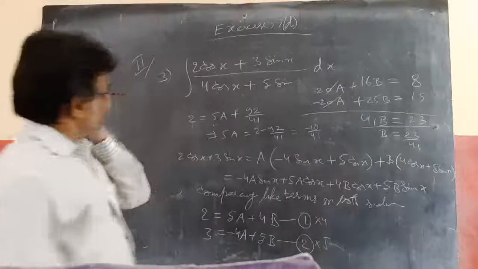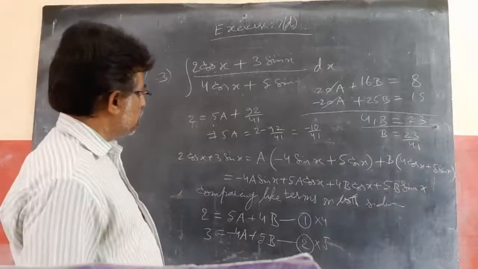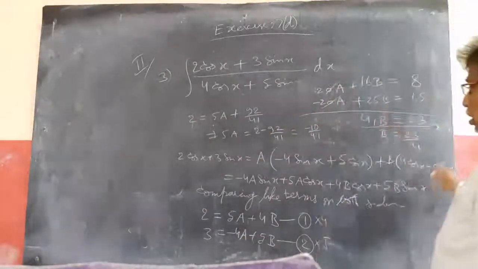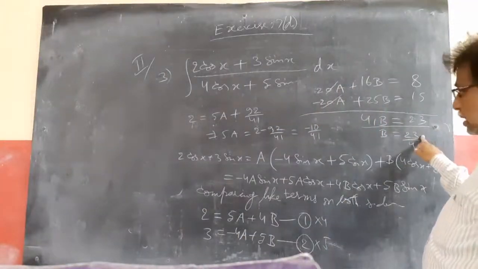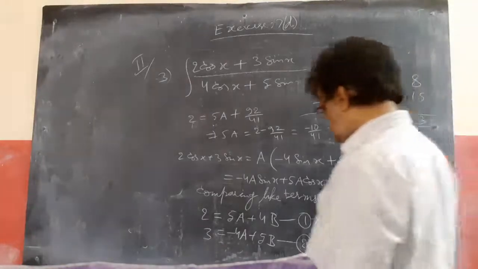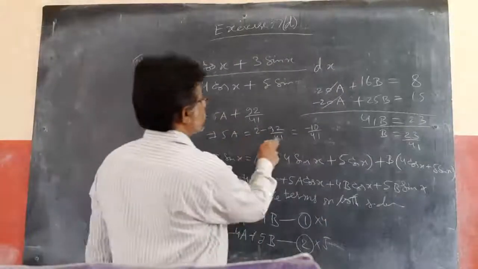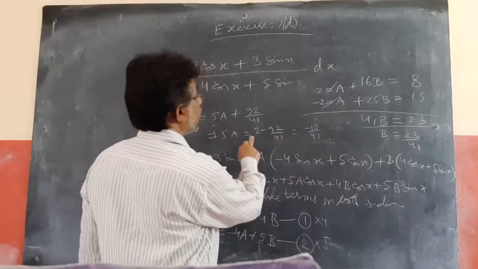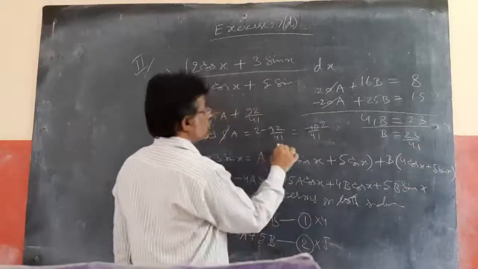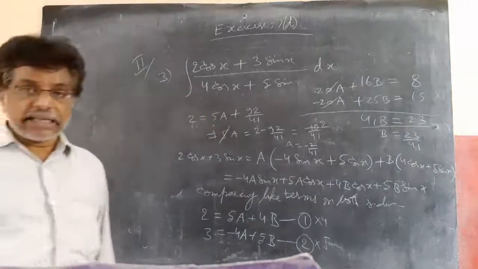So 5a equals this much, which means a equals minus 10 by 41 divided by 5, the 5s cancel, so a equals minus 2 by 41.